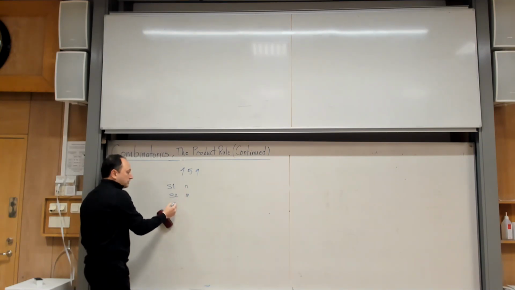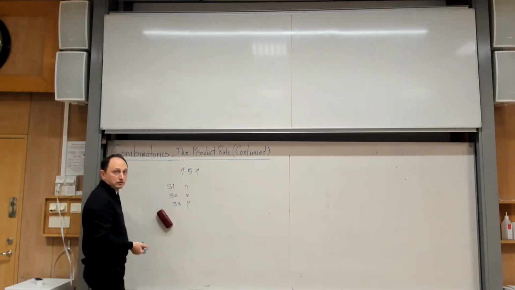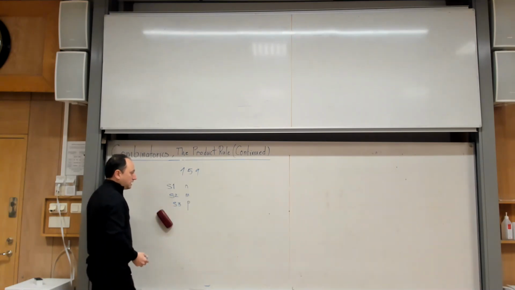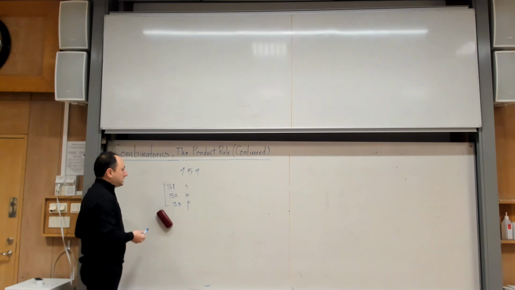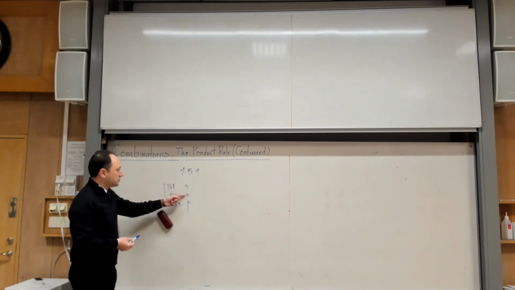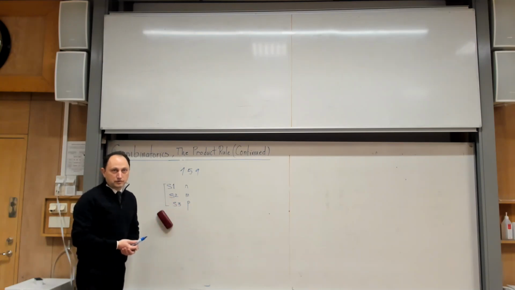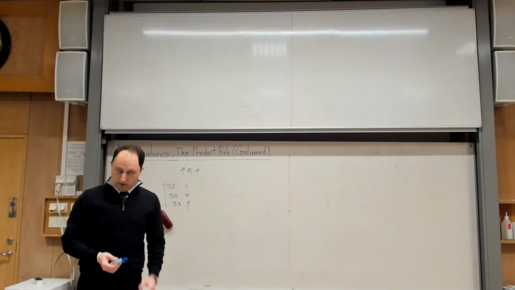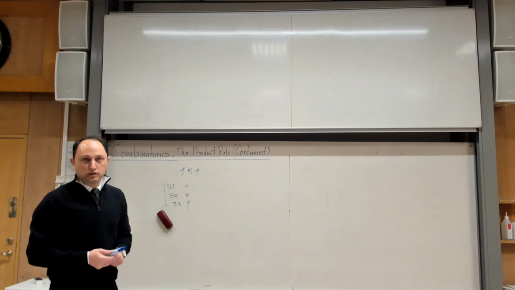And now assume that stage number 3 can be done in p distinct ways, independent of how the previous stages are done. If this is the case, then to accomplish the task, meaning to do the stages one after the other, I have n times m times p alternatives. And then you can generalize it to a task with more than three stages.